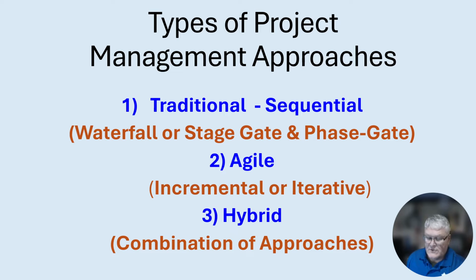Underneath of Agile is the iterative approach and the incremental approach. It is most closely associated with being iterative for the Agile approach. Finally, there's the hybrid approach, and the hybrid approach just means that you would use a combination of the predictive approach and the Agile approach.